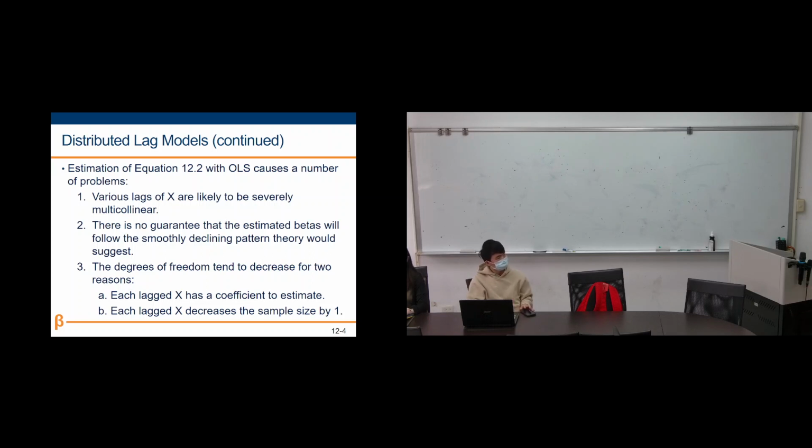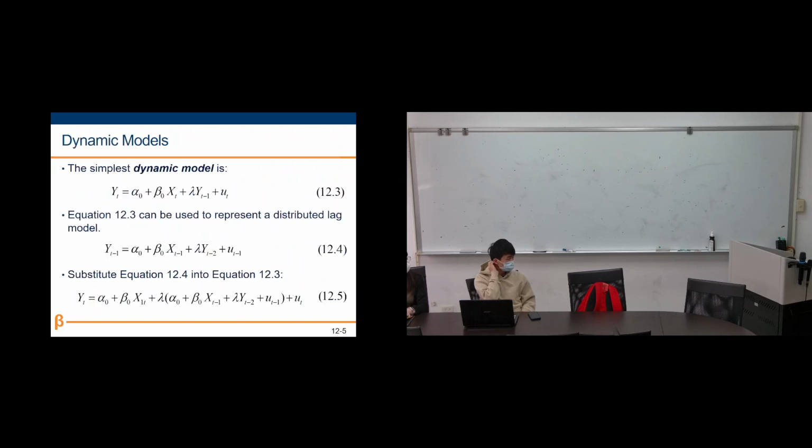Then there's another type. This is the first type; we're going to introduce two types. This other model is called the dynamic model, and the simplest dynamic model is equation 12.3. It has one x variable, and the other one is y t minus 1. This is what we call the lagged dependent variable.